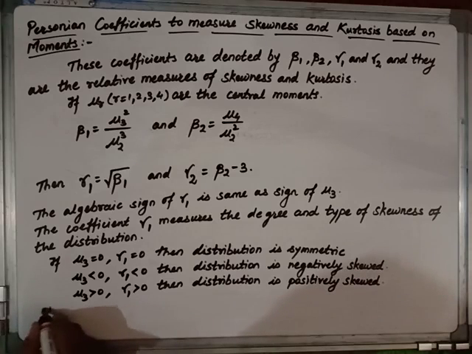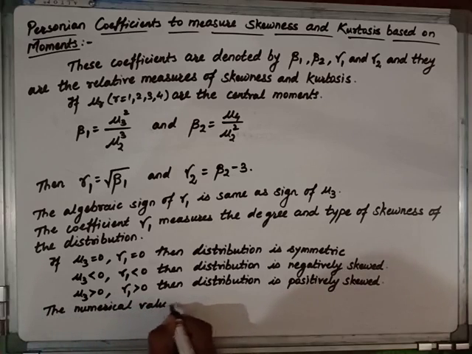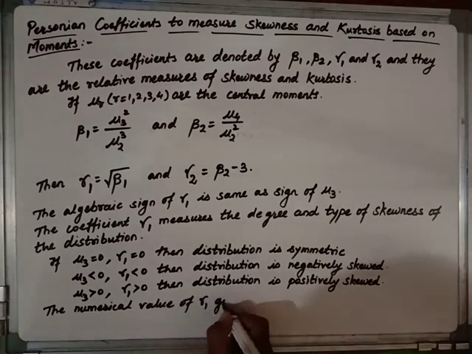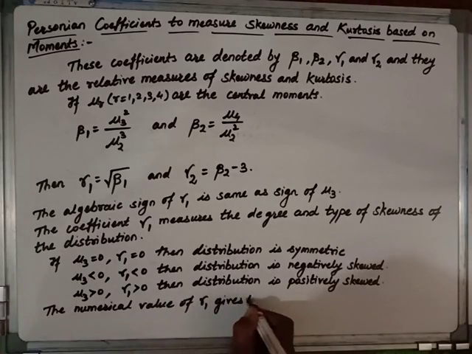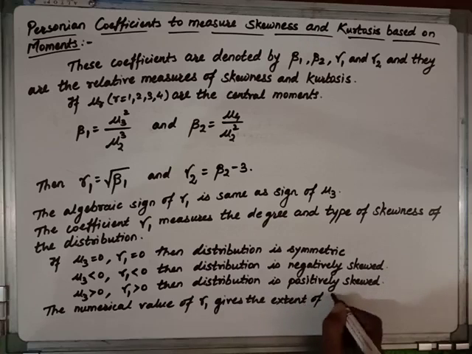The numerical value of gamma 1 gives the extent of the skewness.